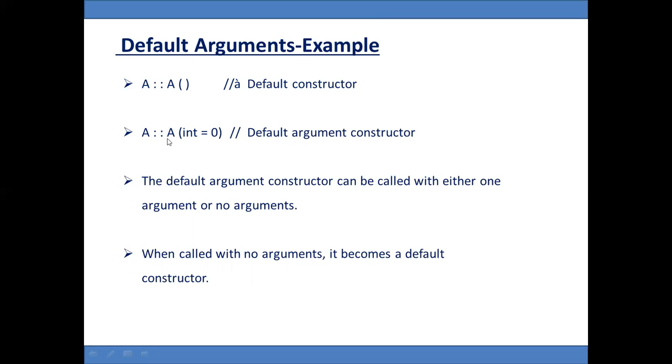Another example, you have declared a class name A, scope resolution operator, member function name A, initialize a value integer equal to 0. The default argument constructor can be called with either one argument or no argument. When called with no arguments, it becomes a default constructor. Okay.